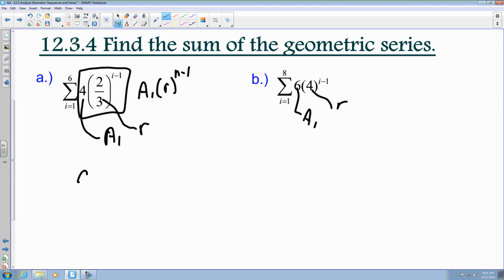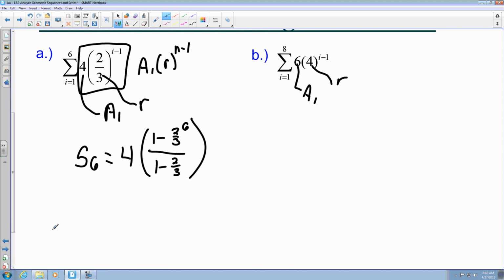So if I go S sub 6, in this case, I can say a sub 1 is 4 times 1 minus 2/3 to the 6th power, because it's S sub 6, divided by 1 minus 2/3. And doing the math all the way across, the value that we get for S sub 6 in this case is going to be 2,660 in the numerator divided by 243 in the denominator.